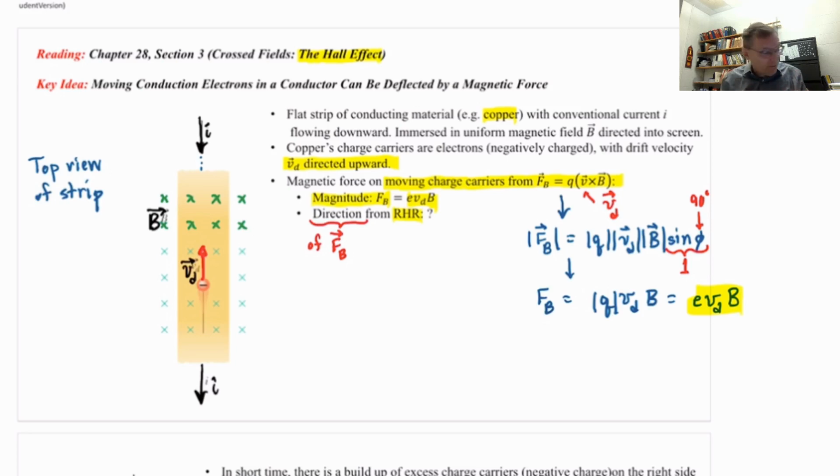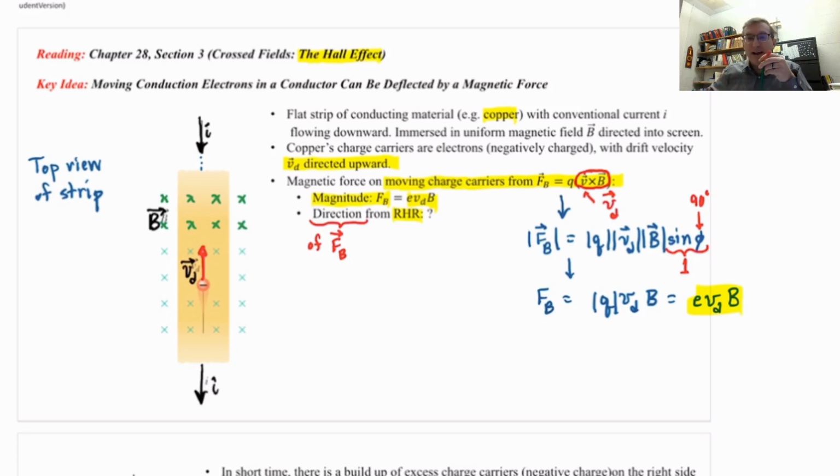Okay, so what is the direction of the magnetic force on this conduction electron? Well, we do it in two steps. First, we'll get the direction of this cross product, or vector product, V cross B. That's straight from the right-hand rule. I like the two-pen approach. I'll use the red pen for V and the green pen for B. As I look down from above, the V is going upward in the plane of the screen, and the B is going into the screen.